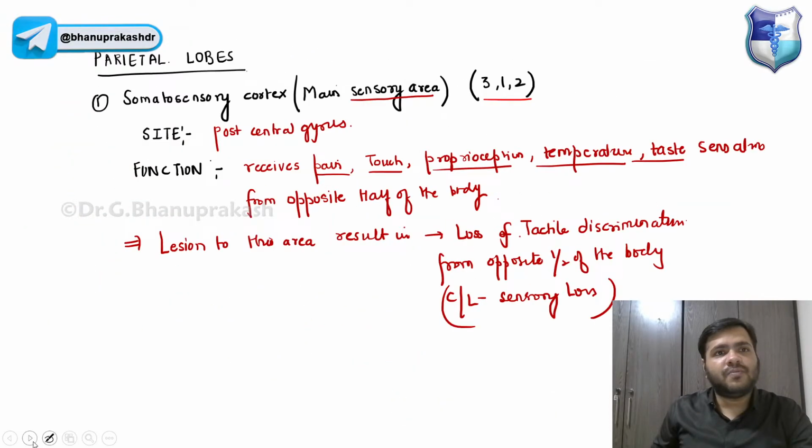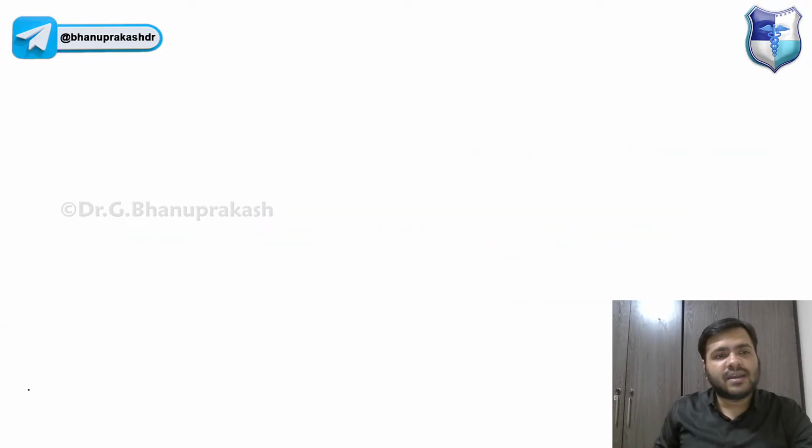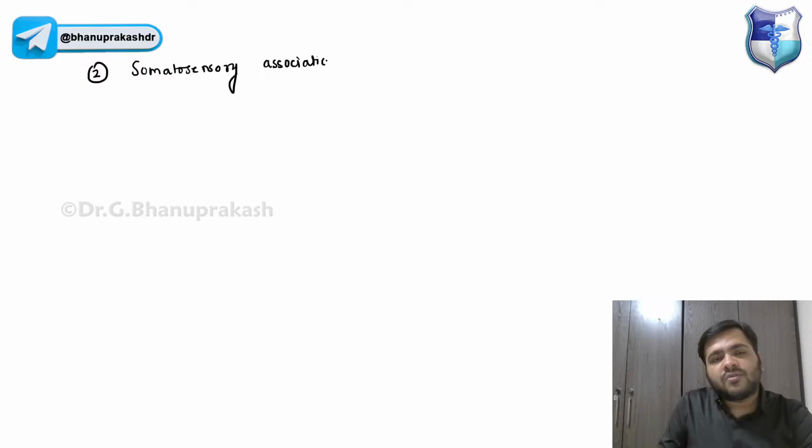In the parietal lobe we have discussed the somatosensory cortex; now coming to the next one, the somatosensory association cortex, areas 5 and 7.